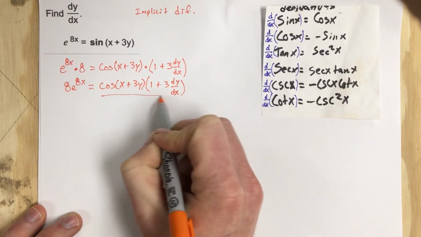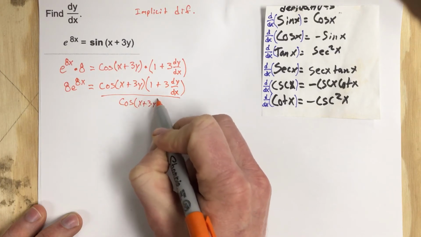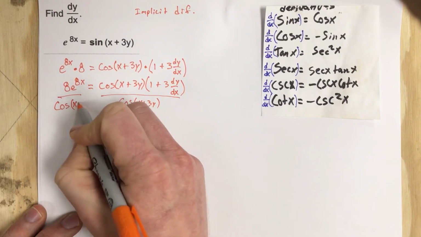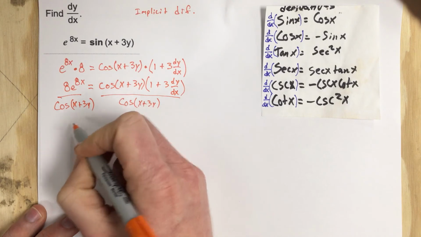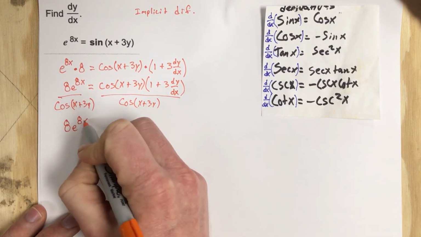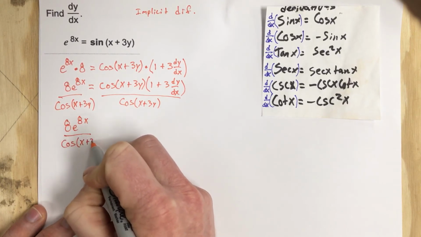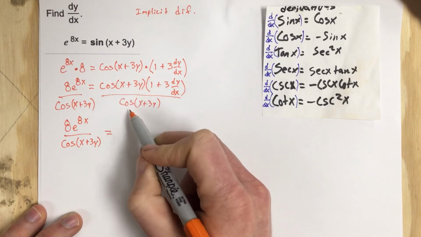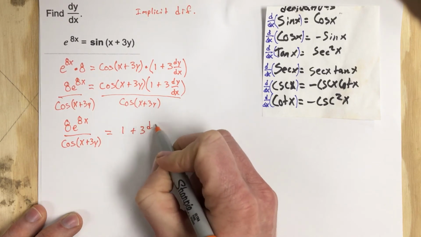And let's divide by cosine of x plus 3y on each side, because we're trying to get dy over dx by itself. That's going to give you 8e to the 8x over cosine of x plus 3y equals, this cancels, so we have 1 plus 3 dy over dx.